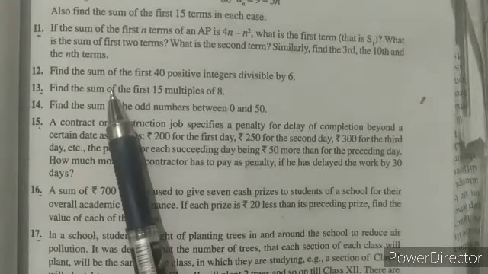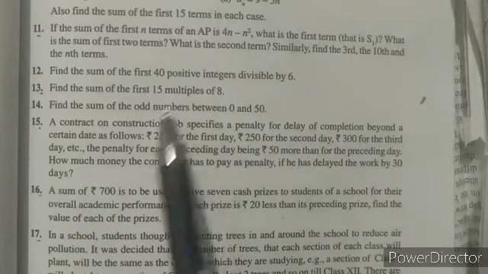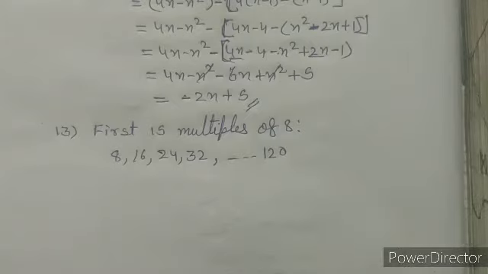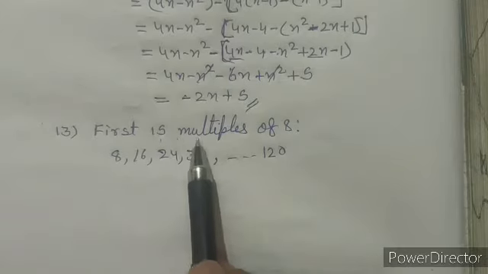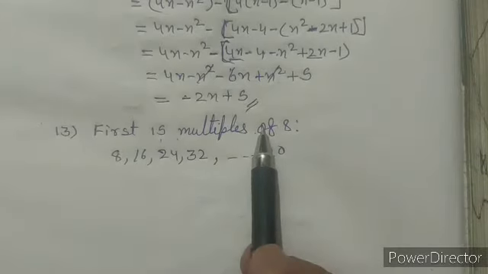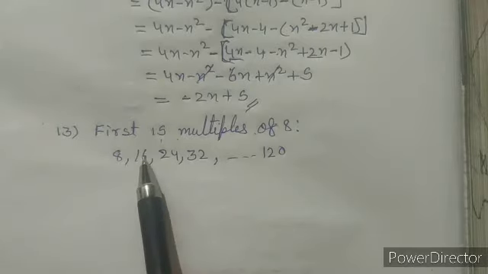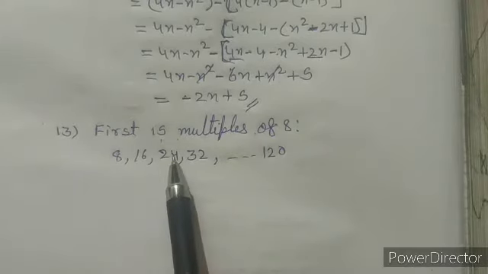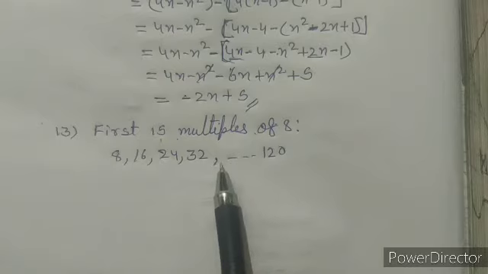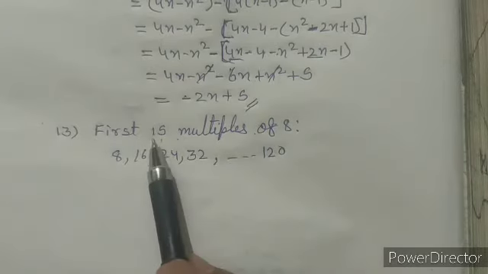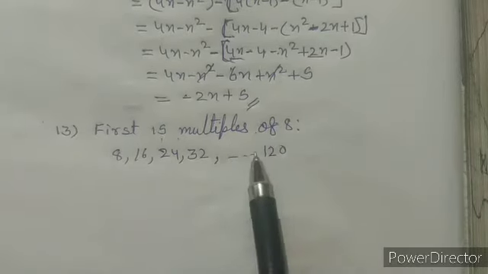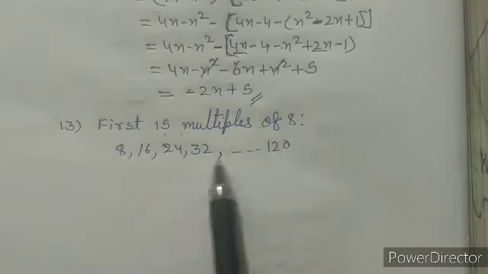Here we have to find the sum of the first 15 multiples of 8. Now the first 15 multiples of 8 will be 8 into 1 will be 8, 8 into 2 is 16, 8 into 3 will be 24, 8 into 4 is 32 and so on up to 8 into 15, that will be 120. Now here we have to find its sum.